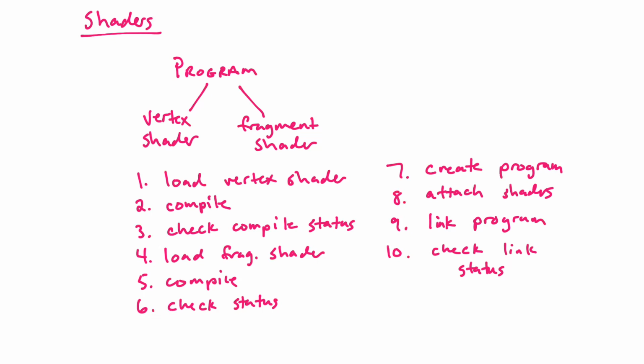So let's talk a little bit more about this linking part. In the vertex shader, we need to define what our attributes are going to be. So vertex is going to have attributes, and attributes tell the shader what the entry point is.